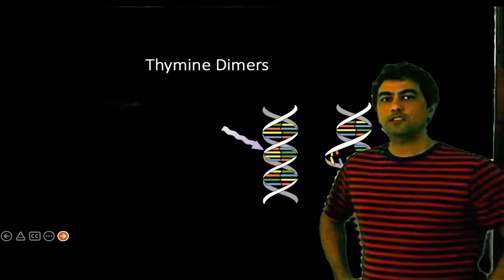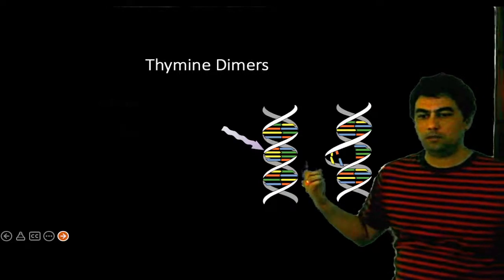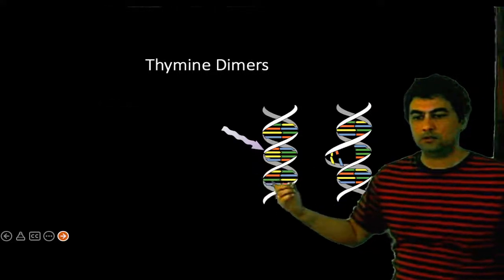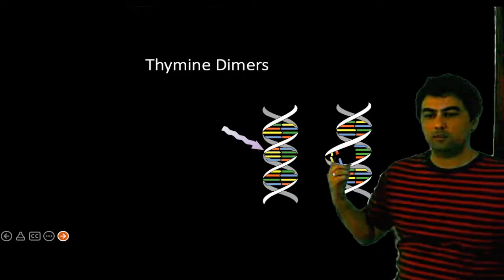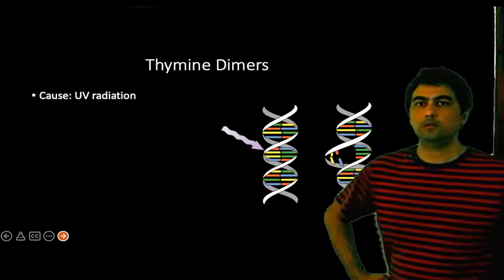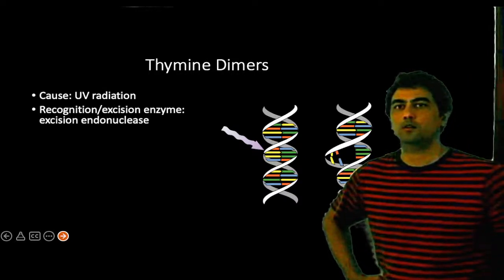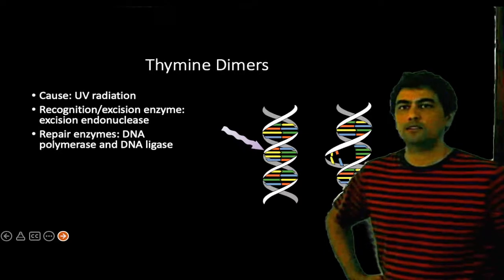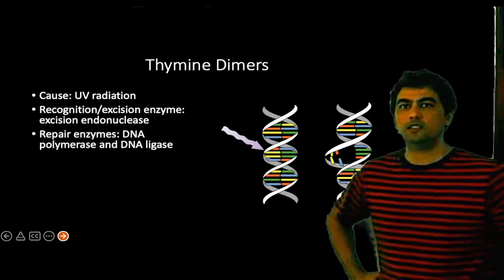Thymine dimers. You can see in this picture the thymines in yellow, and these thymines form a dimer. It's caused by UV radiation, and repaired by a recognition excision enzyme, excision endonuclease, repair enzymes, DNA polymerase and DNA ligase.